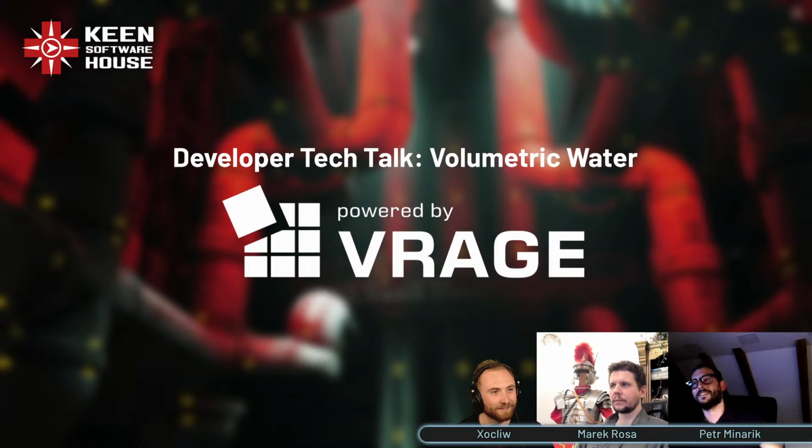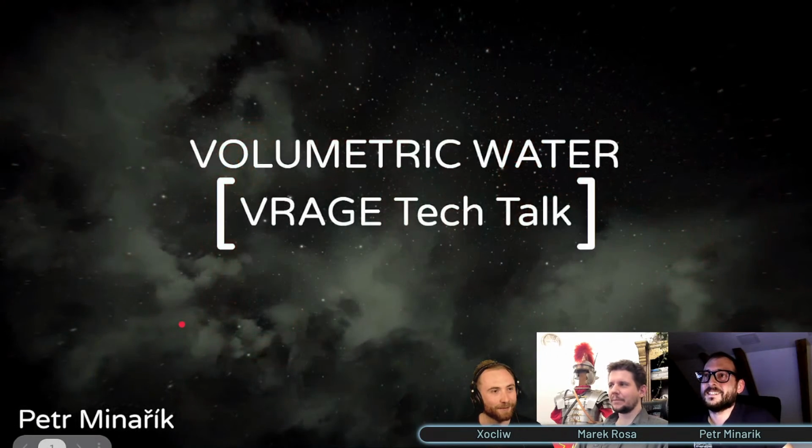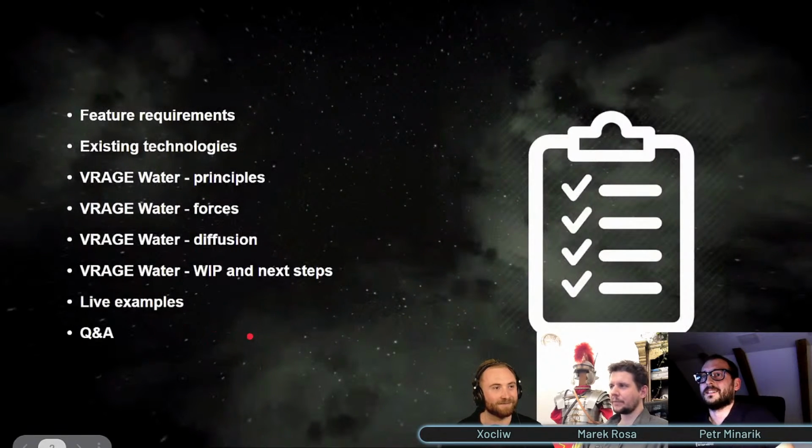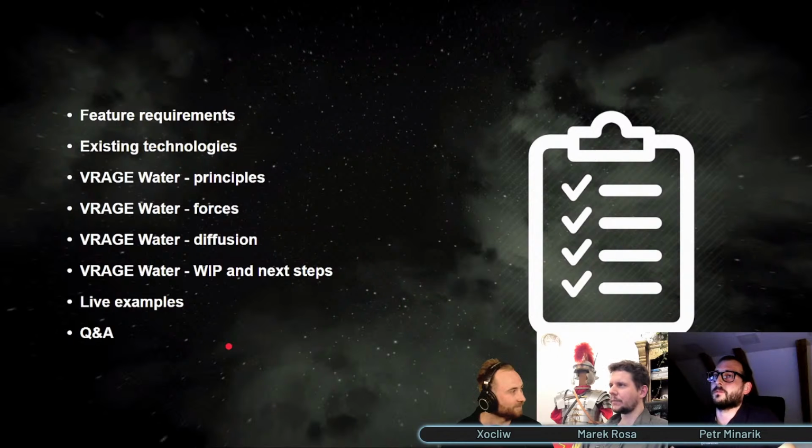Yeah, let's start with that. Thank you, John. Here we go. First, I will talk about features, what we expect from our water. Then I will talk about technologies, what is available and what we can be inspired by.